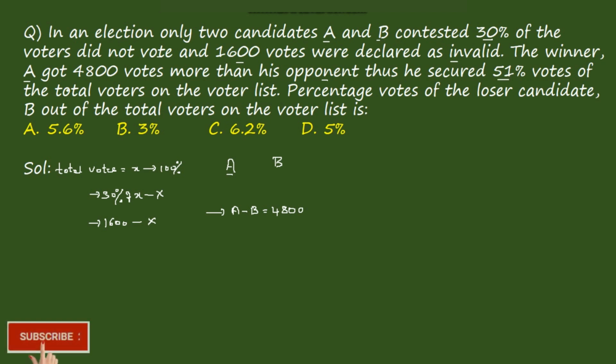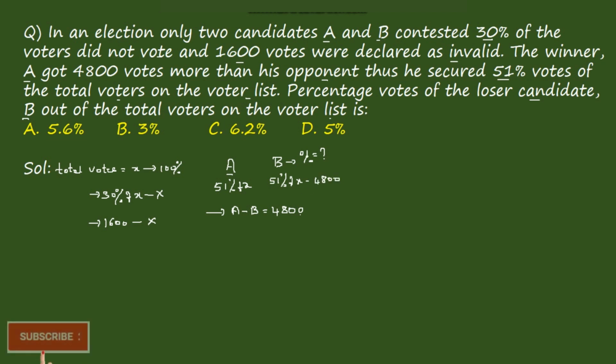He secured 51% of the total votes on the voter list, so A gets 51% of x. We have to find B in terms of percentage. Since A minus B is 4,800, B would be getting 51% of x minus 4,800.